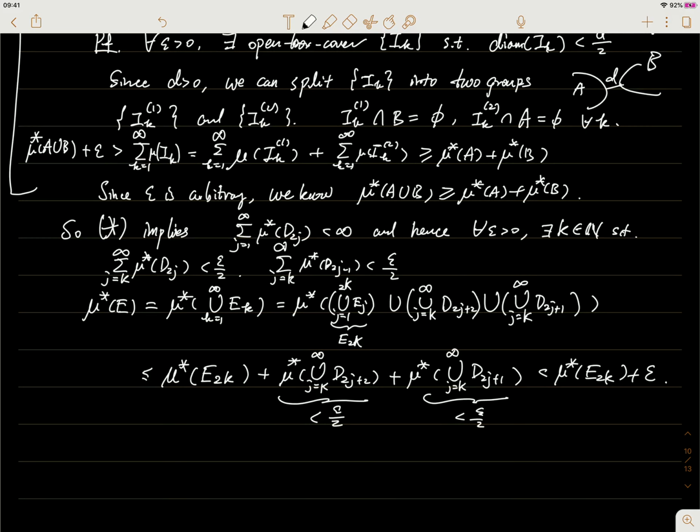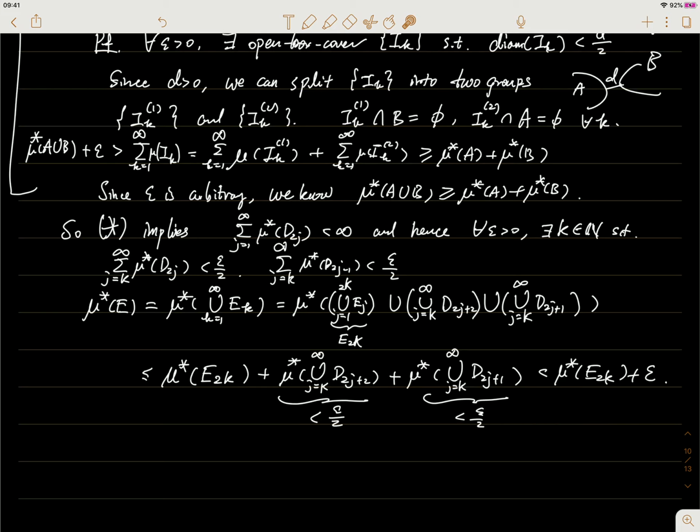Now we have shown that the outer measure of E is less than or equal to the outer measure of E2K plus epsilon. Recall that Ek is monotone, non-decreasing. So this is less than or equal to the limit of mu star E2K.